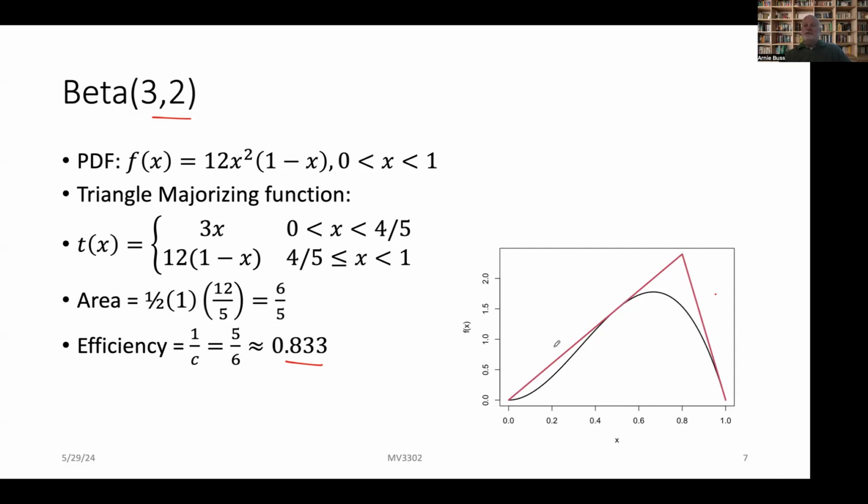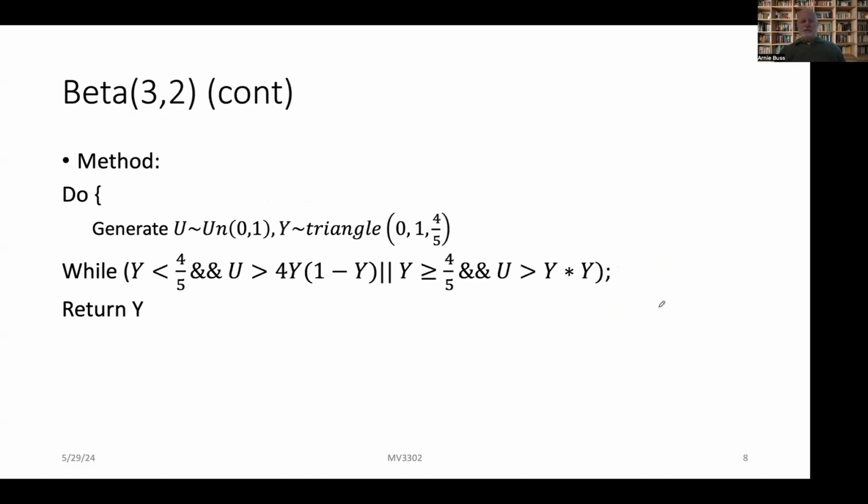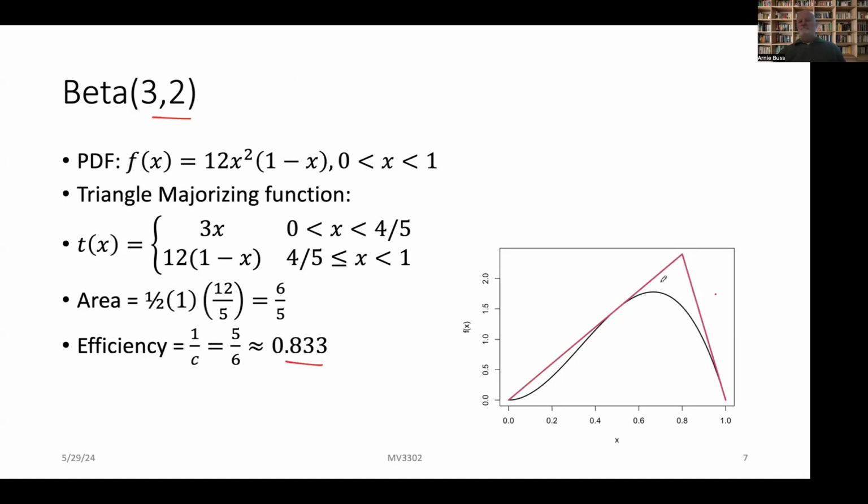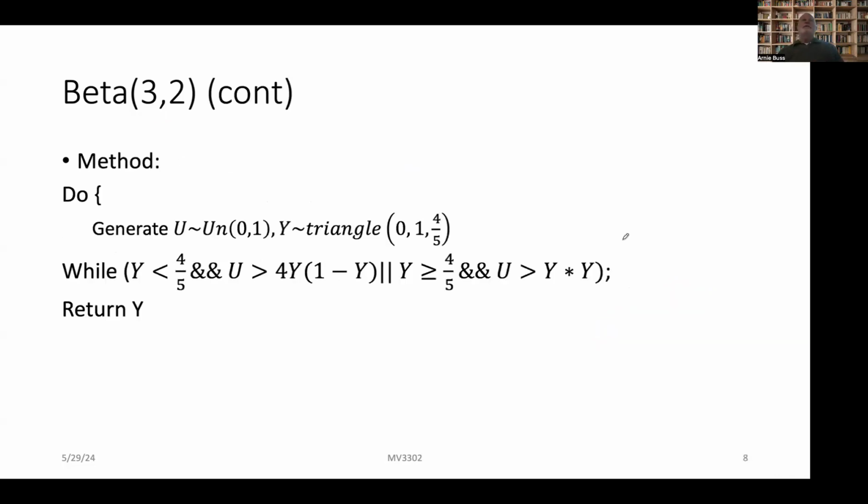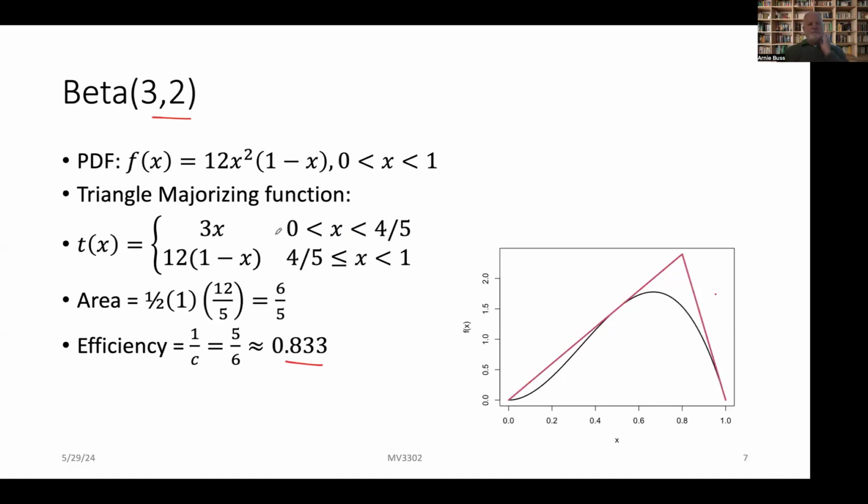We could have chosen a steeper slope, but this is sort of the optimal triangle majorizing function because it's as close as possible. You can't go any shallower because it won't majorize, and if you go any steeper, you're kind of wasting stuff. So this is about as good as it gets.